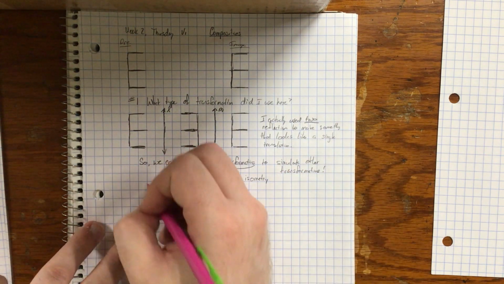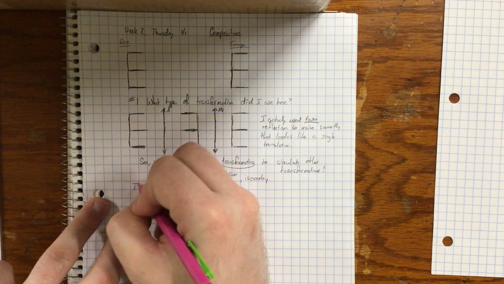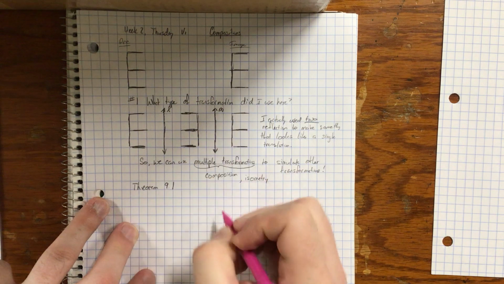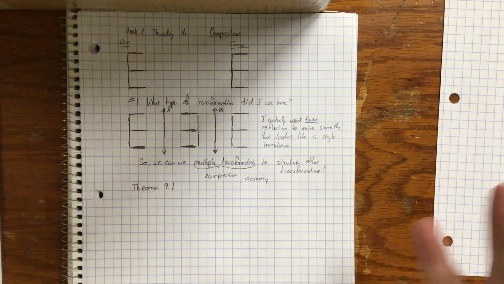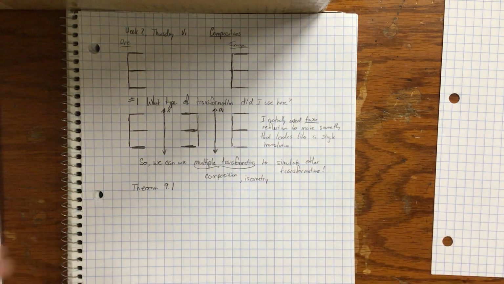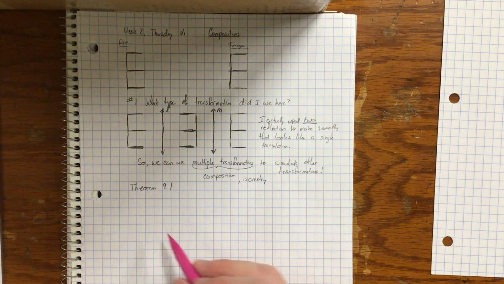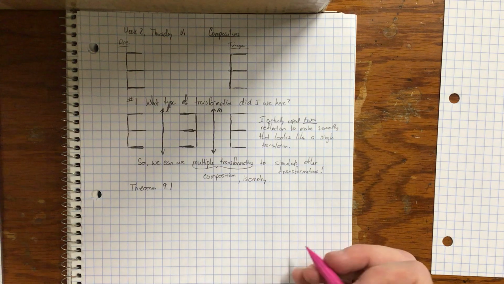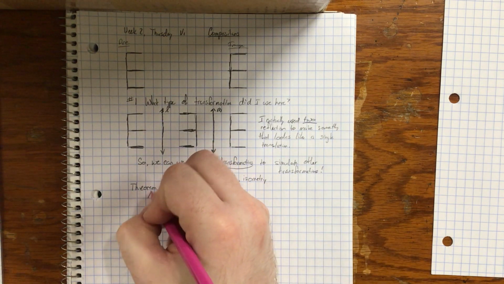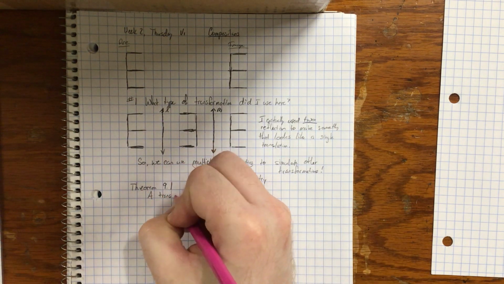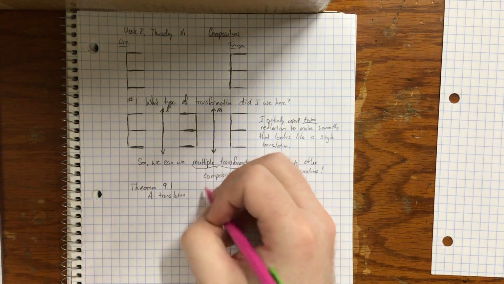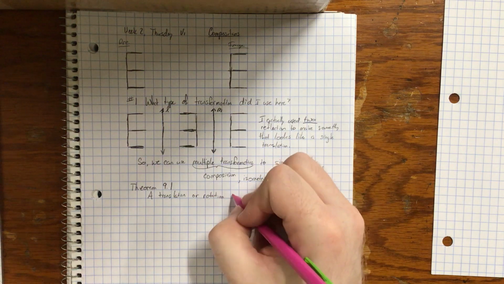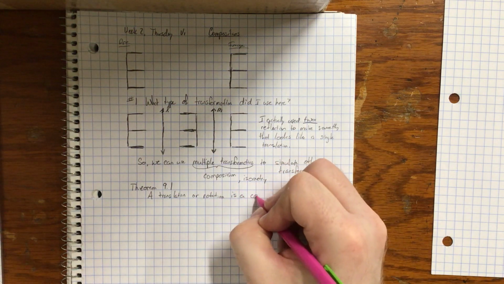And so what I'm going to finish on is our first theorem. We're going to call it 9.1 because we're going to be bouncing around in the curriculum, and it's just easier for me to keep track of it from where it came from, at least the verbiage that I'm using. So we're going to call this theorem 9.1. And this states that a translation or rotation is a composition.